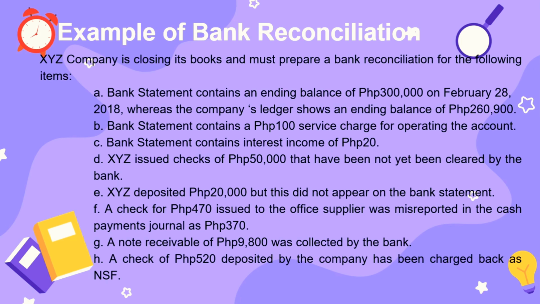Letter F, a check for 470 pesos issued to the office supplier was misreported in the cash payments journal as 370 pesos. Letter G, a note receivable of 9,800 pesos was collected by the bank. Letter H, a check of 520 pesos deposited by the company has been charged back as NSF or not sufficient funds.